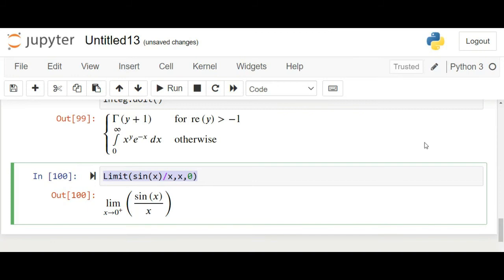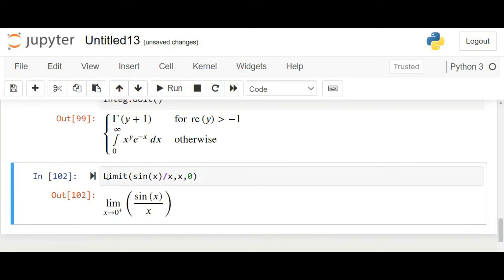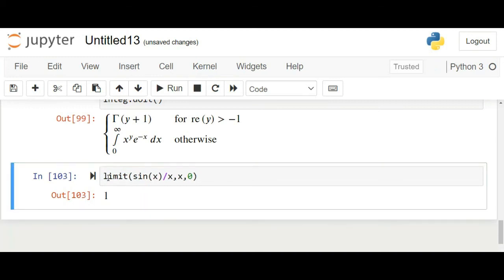So here the answer actually should be 1. If I write capital L, then it will print like this. If I write small l, lowercase, in case of lowercase, our answer should be just like this, okay.